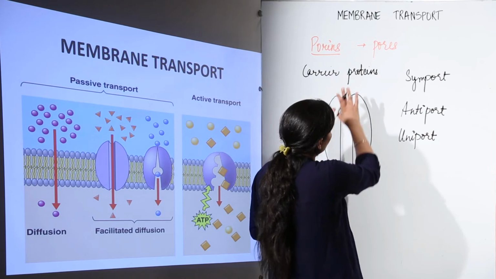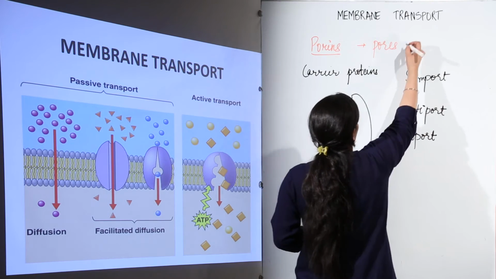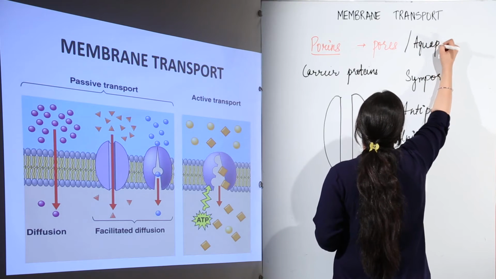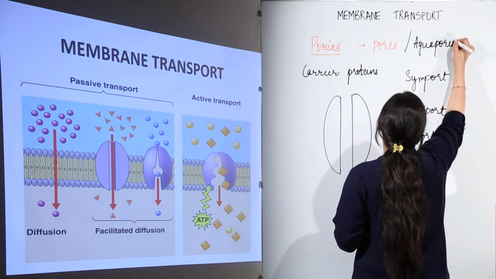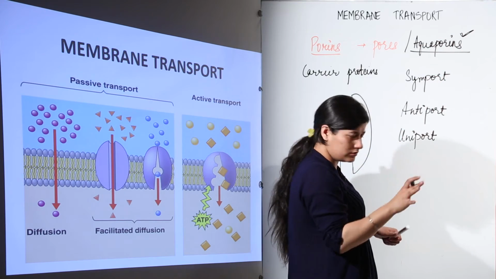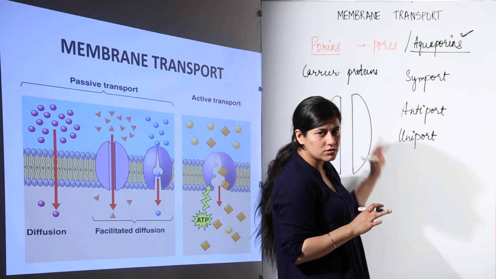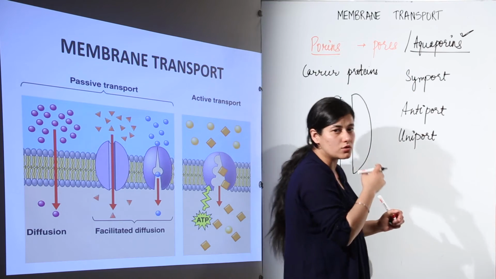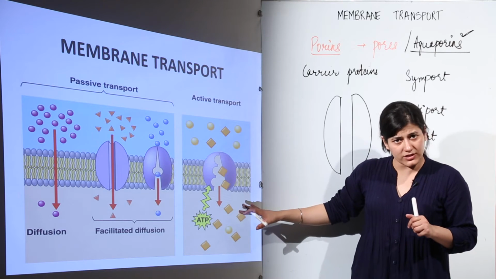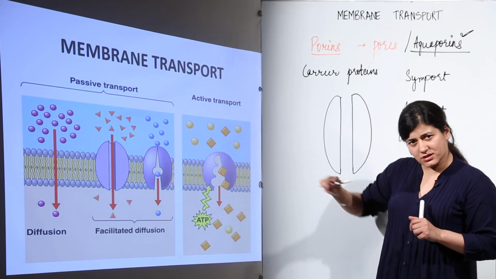I must tell you, porins are the simple proteins, and one thing more you have to remember, that there are large proteins for movement of water molecules across the membrane, which are known as aquaporins. This is just to be crammed directly, that aquaporins are those carrier proteins which would enable the movement of water molecules across the fluid mosaic membrane that we study, because it is lipid.